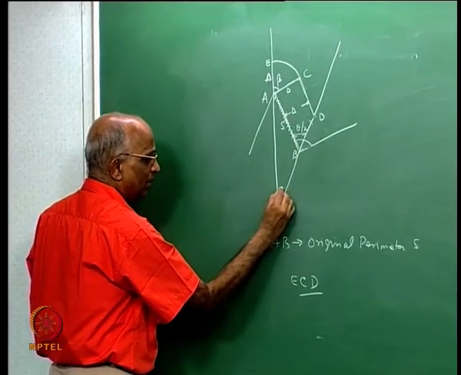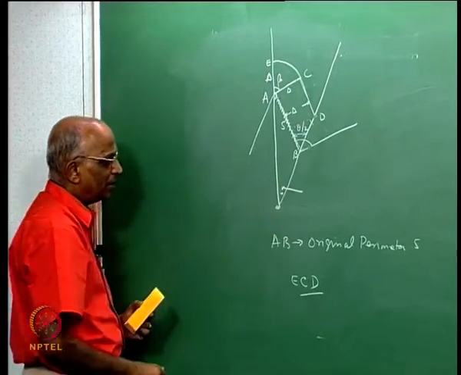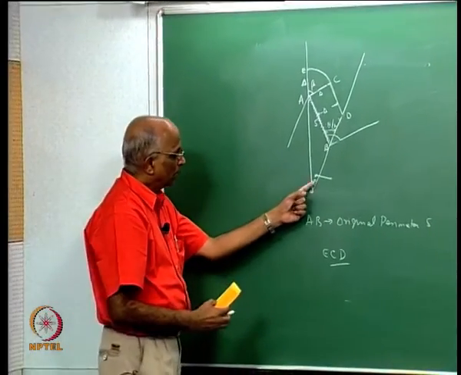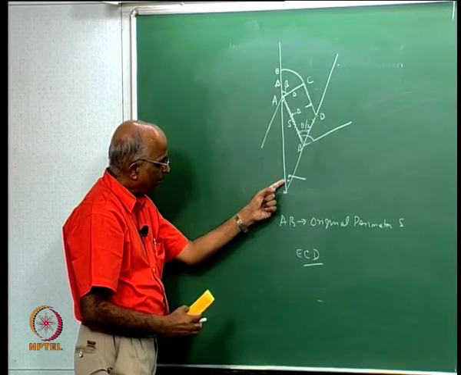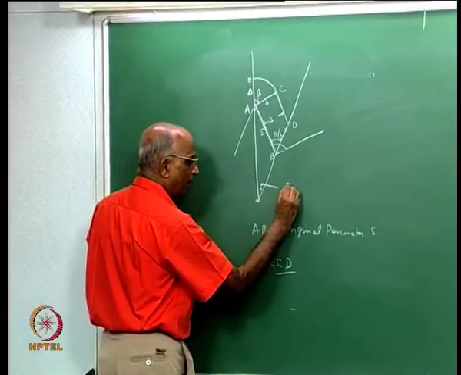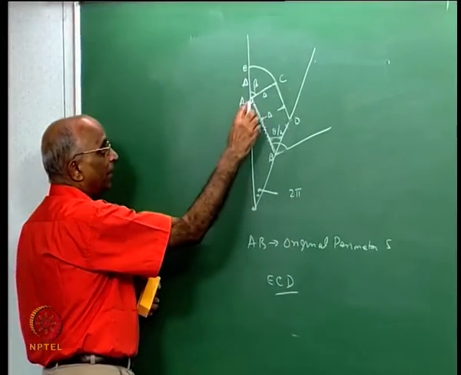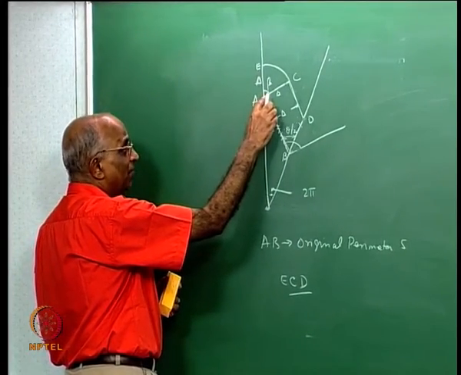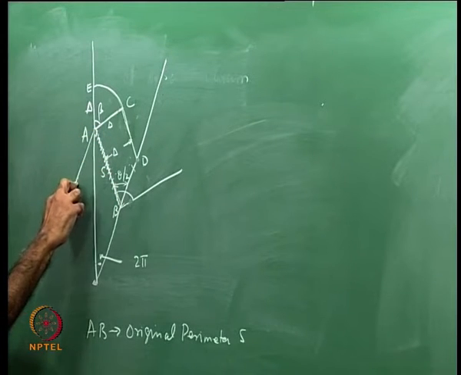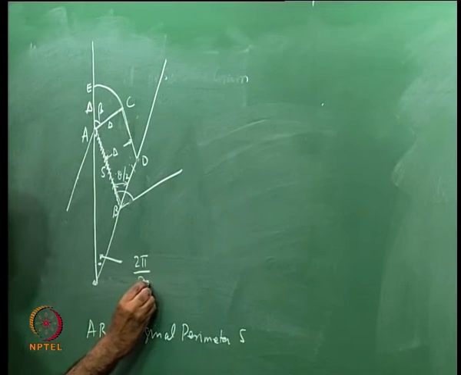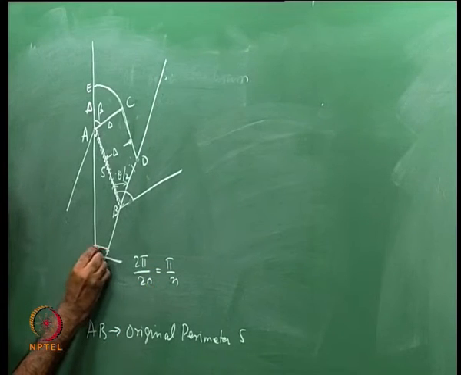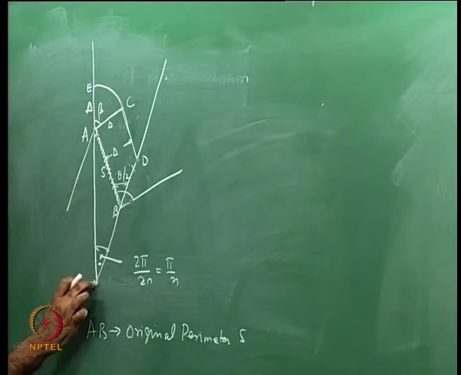Let us calculate this angle. 2n vertices have an angle equal to 360 degrees, that is 2 pi. We have n vertices, and each of the n vertices consists of 2 lines, therefore the angle included is 2 pi by 2n, or rather pi by n, is the included angle for this side at the center.